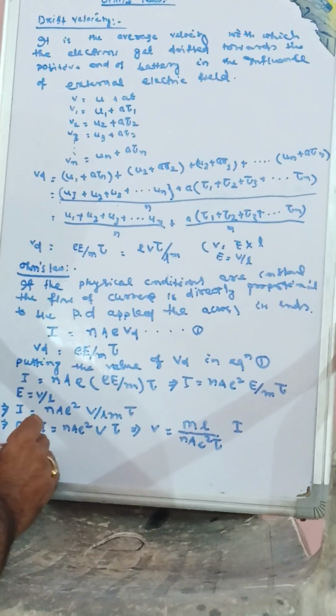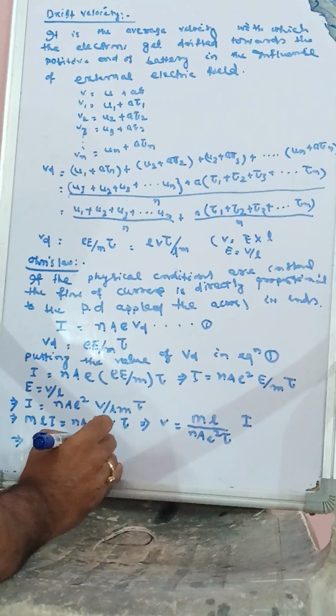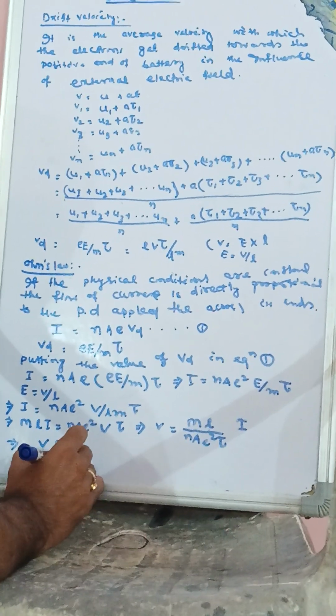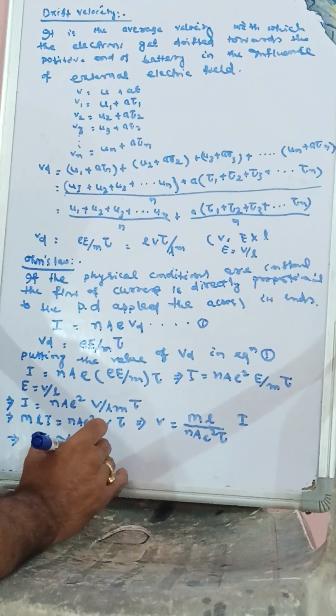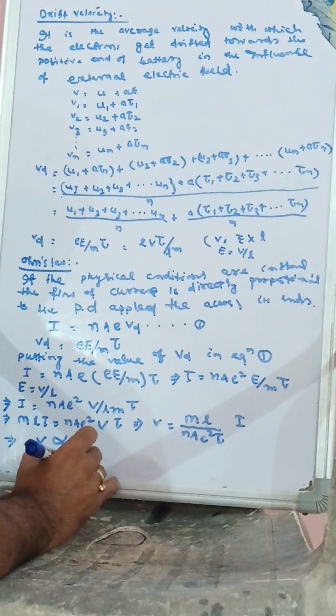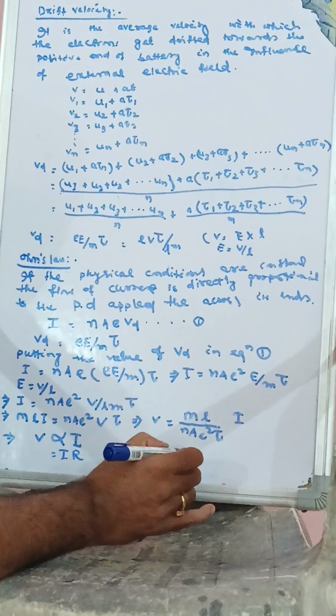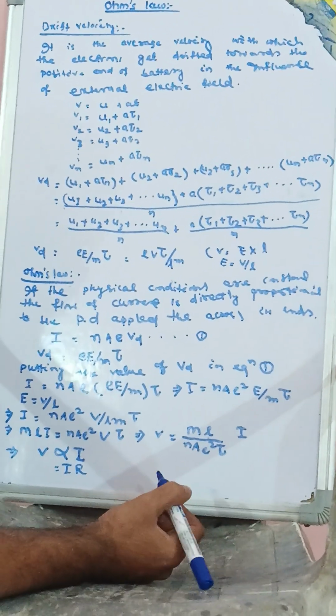Then this implies that V is directly proportional to I, V is equal to IR, where R is the resistance. This is all about Ohm's law.